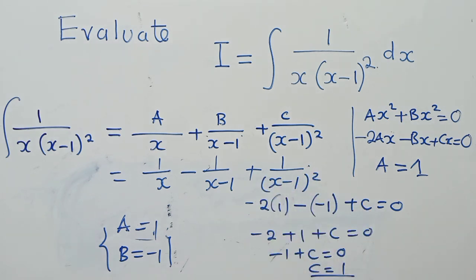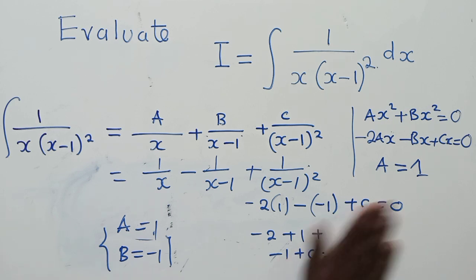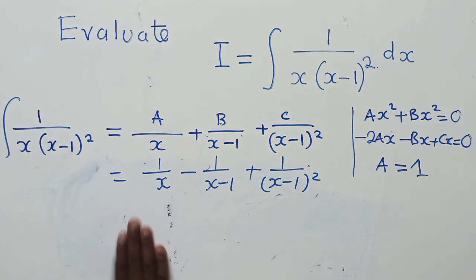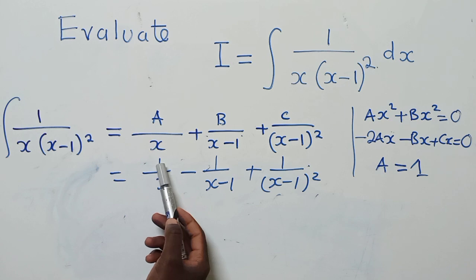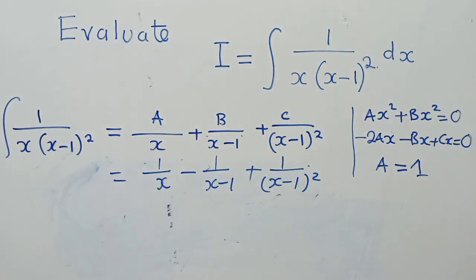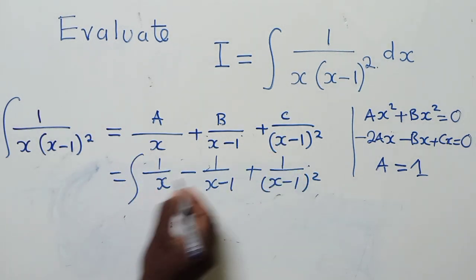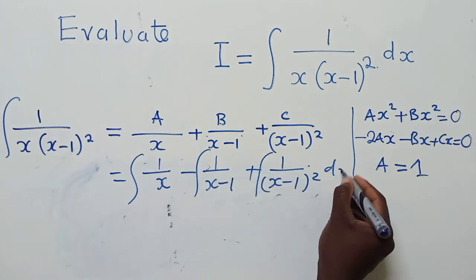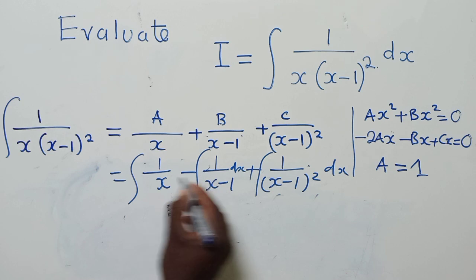Here we clean up. I guess somebody is able to see what I've done. We just substitute the values of A, B, and C there, and integrate now. We integrate these with respect to x, so here also dx.